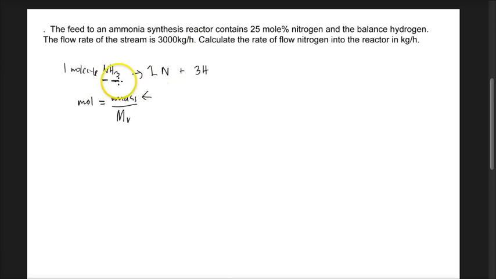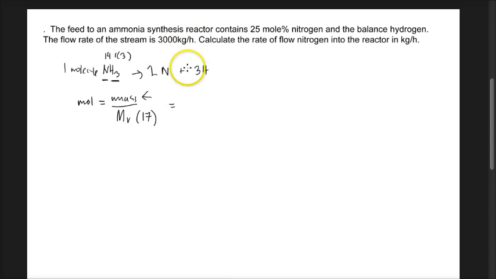So the molecule of ammonia is NH3, which nitrogen atomic weight is 14, while hydrogen is 1, and we have to times it by 3. So molecular weight for ammonia is 17. Alright, so now we can find the molar flow rate of the ammonia stream.